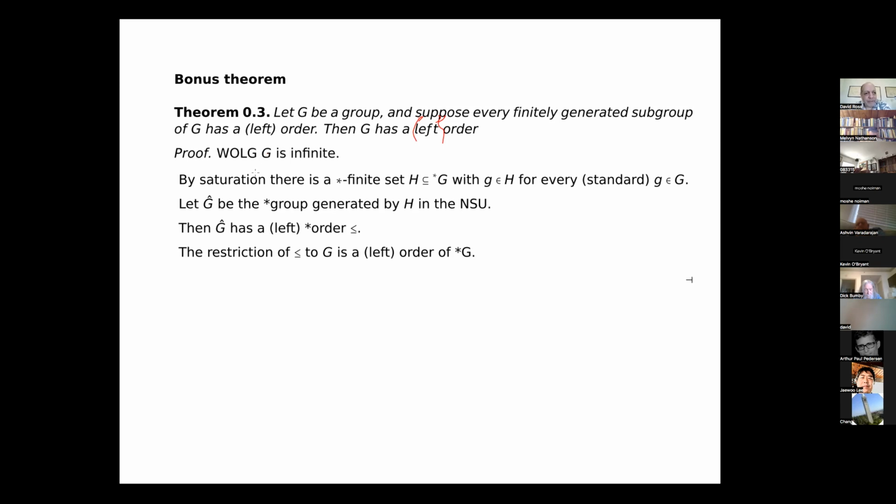Anyway, in this proof, you can form the star group generated by this set H in the non-standard universe. So that's a star finitely generated group, and therefore a subgroup of star G, and therefore by transfer of the hypothesis, it has a star left order.